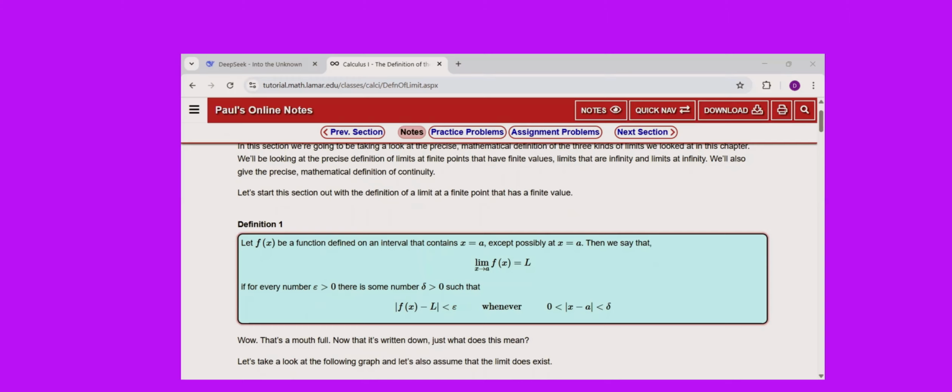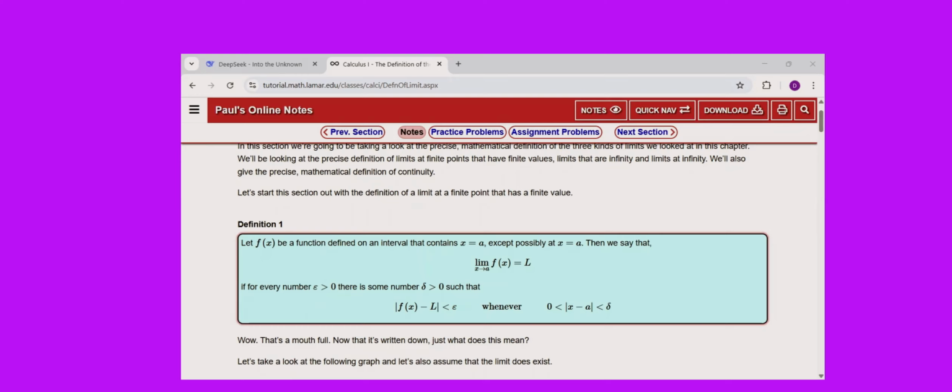Then we say that the limit as x tends to a of f(x) is equal to L exists, if for every number epsilon greater than 0 there is some number delta greater than 0 such that |f(x) - L| is less than epsilon whenever 0 is less than |x - a| less than delta. Here the bars denote the modulus. That is the definition of the limit.